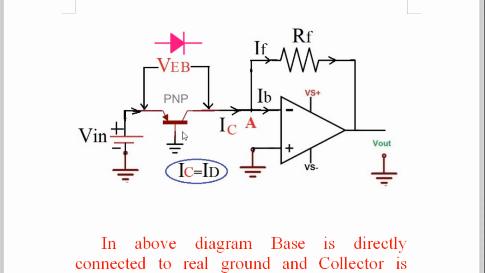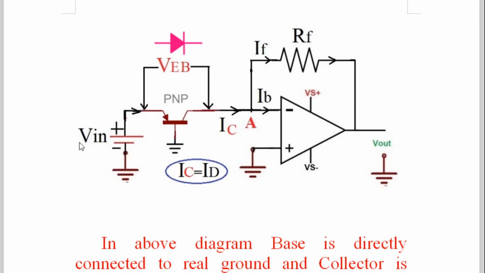Therefore we have written VEB, emitter to base, because the PN junction diode between emitter and base is active now, and this voltage will be VEB. So you have to write all notations: battery as plus minus, and the transdiode shown by connecting the base to the real ground and the collector to the point A, so it is automatically connected to virtual ground.